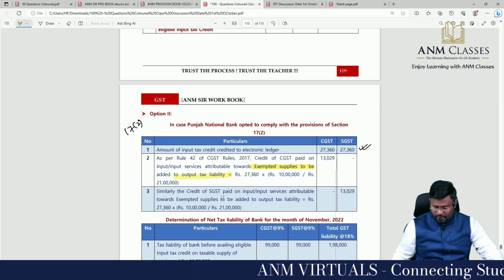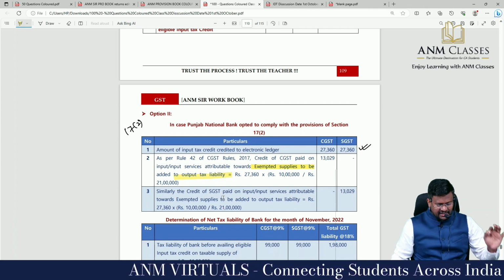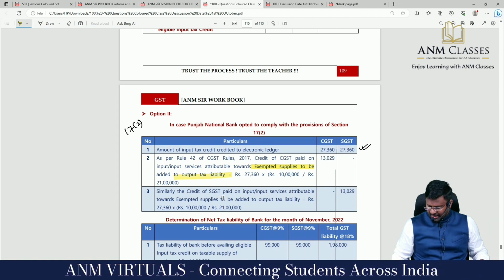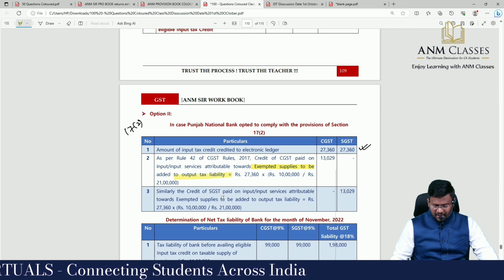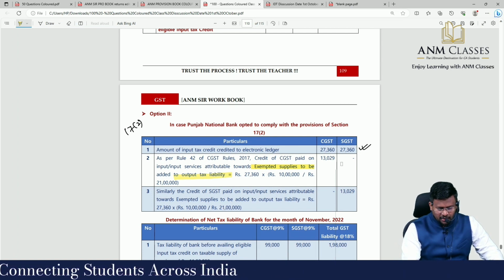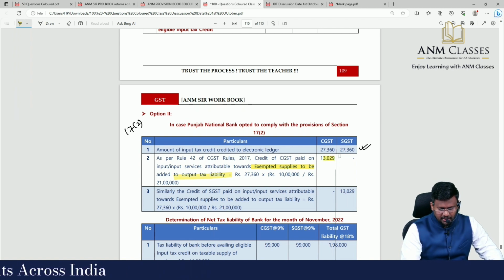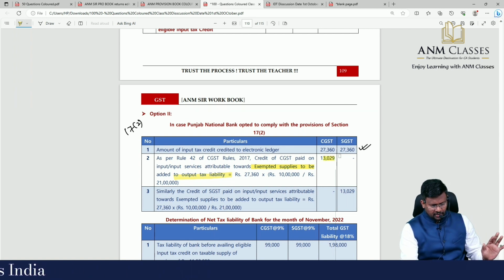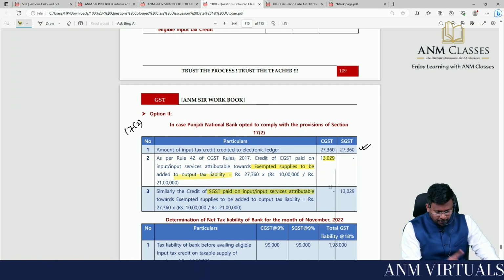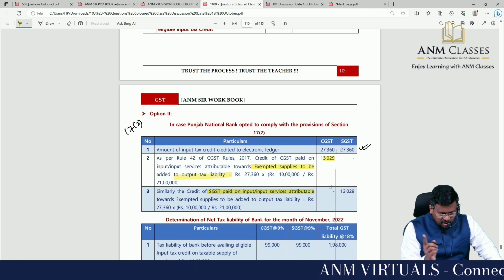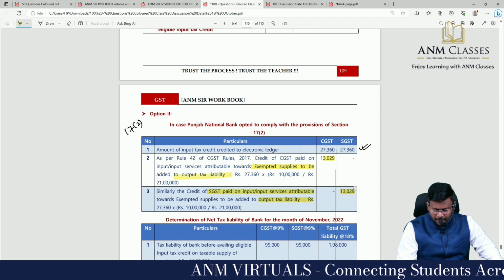Total credit 27,360 into how much is the exempt turnover? 10 lakhs divided by total turnover 21 lakhs. 13,029 should be added to the output tax liability. Similarly, the credit of SGST paid on input service attributable towards exempt supply is to be added to the output tax liability, 13,029.